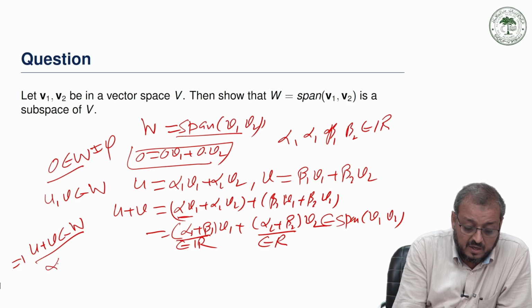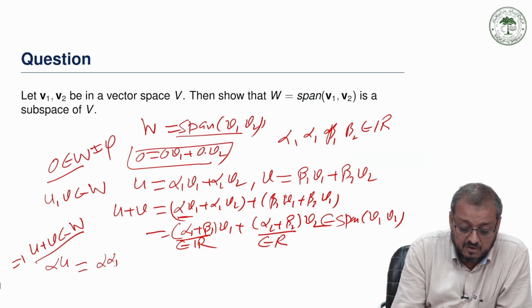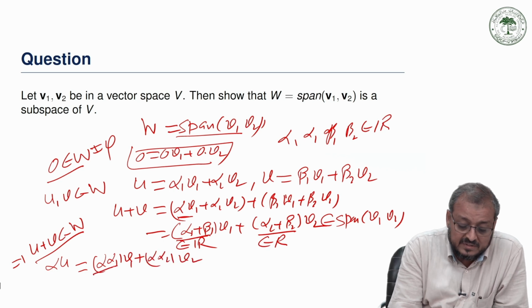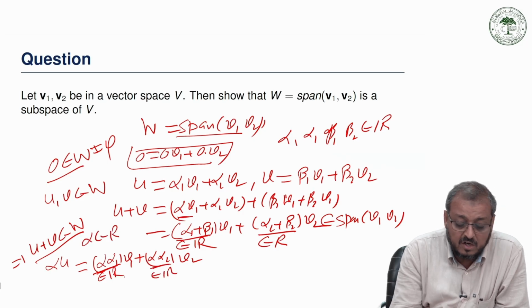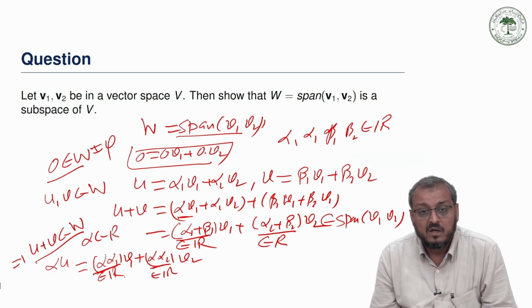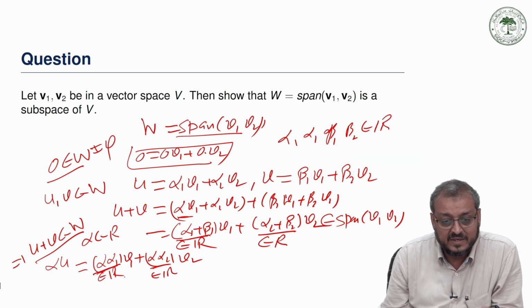Now we take some alpha u. Alpha u is equal to (alpha alpha 1) v1 plus (alpha alpha 2) v2, and these coefficients are elements of R, because alpha, alpha 1, alpha 2 belong to R and the product of two real numbers is again a real number.